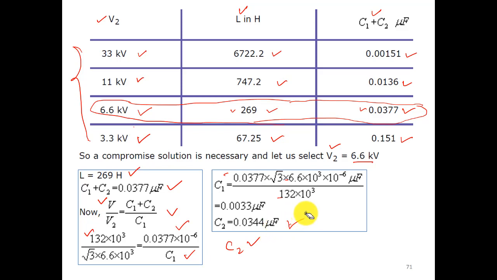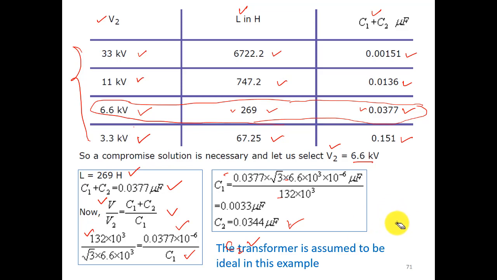Okay, so this is how we can design a CCVT, or capacitor coupled voltage transformer. Okay, so the transformer here is assumed ideal, and therefore the ratio error is not at all considered here. So now let us consider these aspects, ratio error and phase angle error, in the next example.